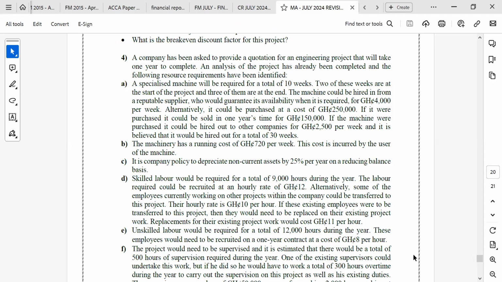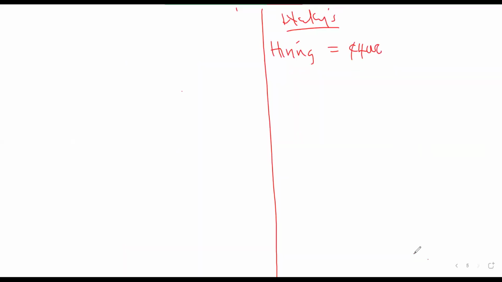If you are going to be doing the hiring, how much are you going to be paying for the project life? 4,000 times 10 weeks. Okay, 4,000 times 10. So that will give us 40,000. So the hiring fee will be 40,000.